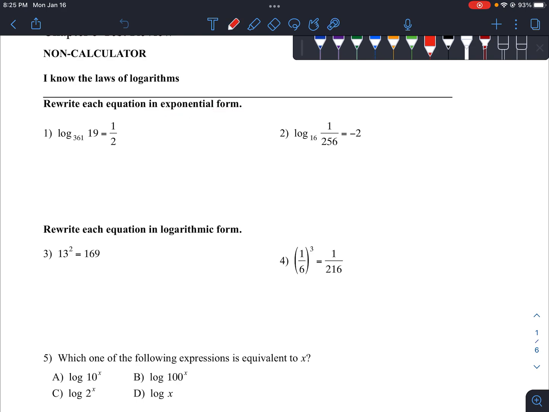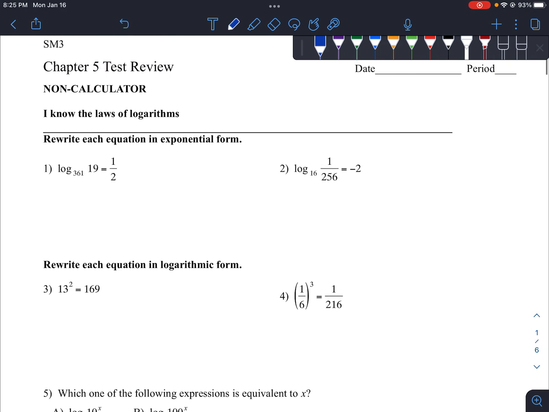So, exponential form, if you remember, is b to the x is equal to y, and you can go back and forth between exponential and logarithmic form using this definition right here: log base b of y is equal to x.